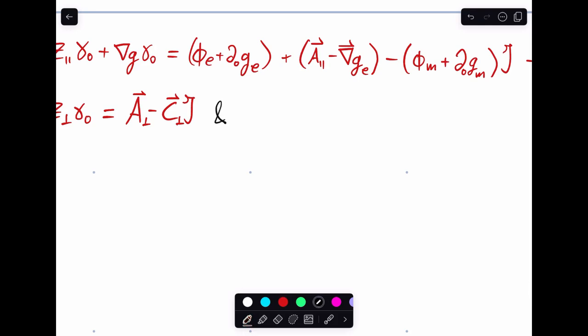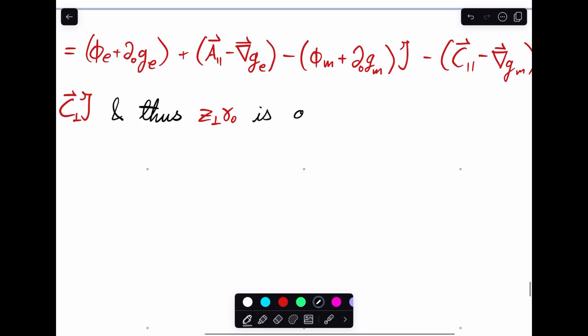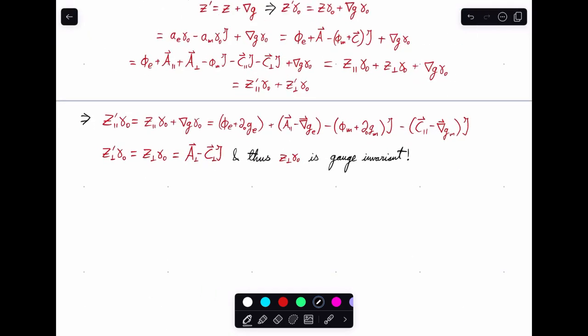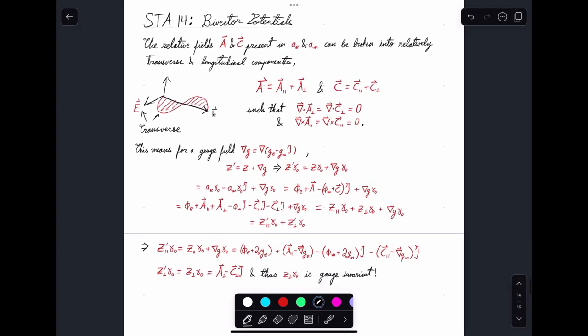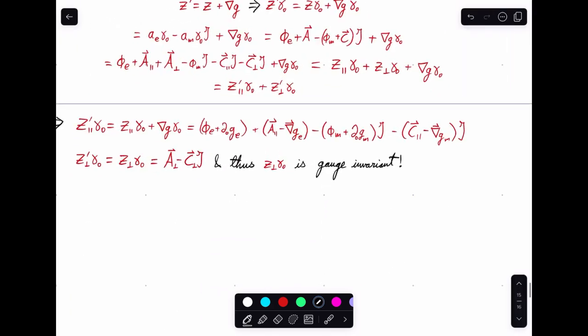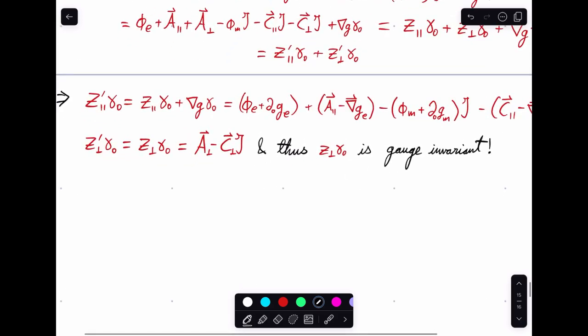And thus z perpendicular gamma naught is gauge invariant.